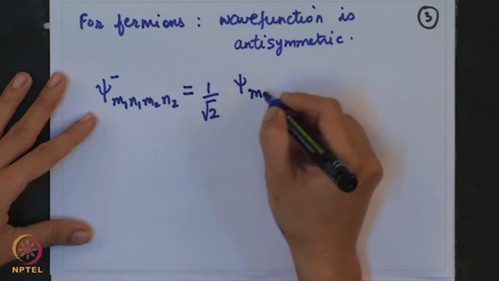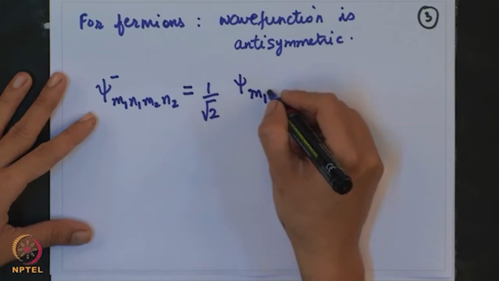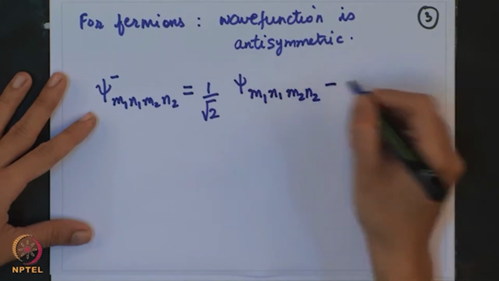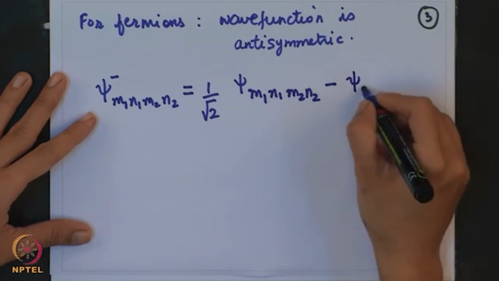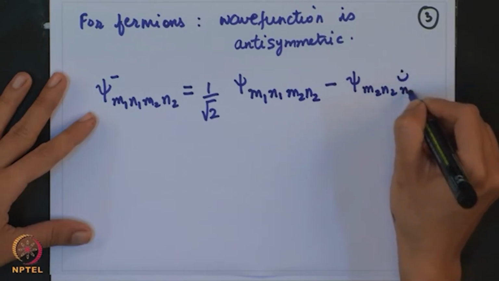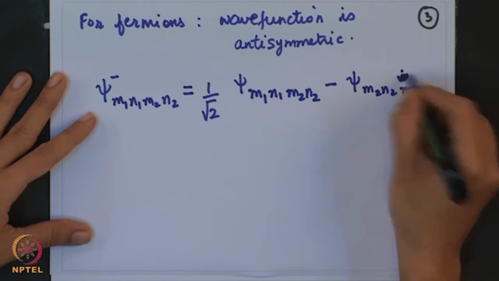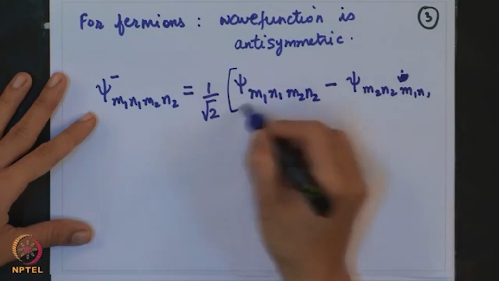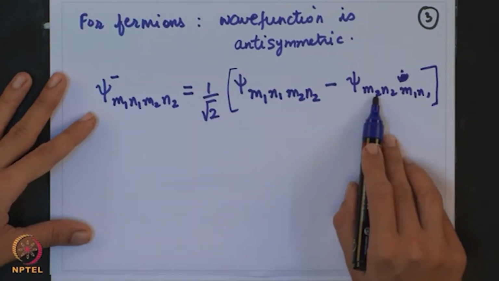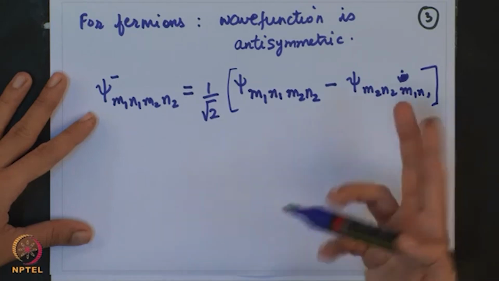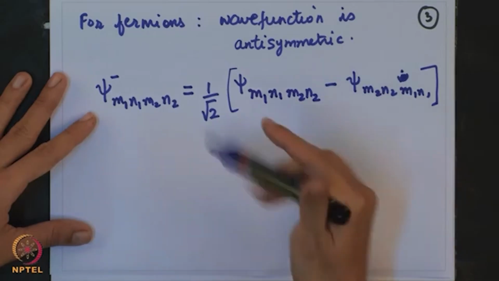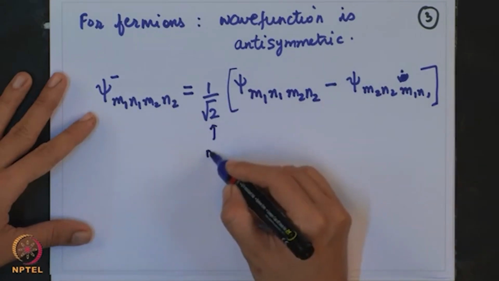So, here I have psi m1 n1 m2 n2 minus psi m2 n2 m1 n1. When I exchange particle 2 by particle 1, there is a flip, a change in sign, and this factor is the normalization factor.